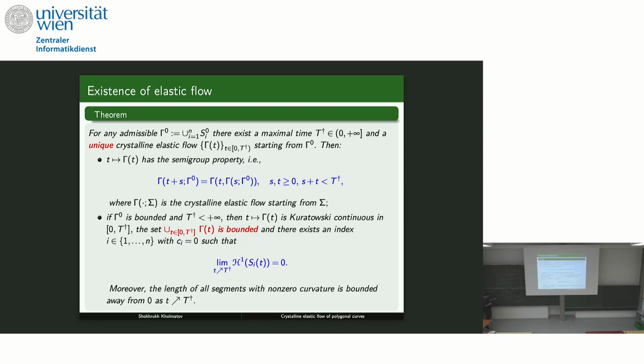So this means I can restart the flow starting from the singular polygon. And even if it is singular for the previous flow, it will be non-singular for the new flow. So I can apply the same existence result again and again, and at the end, I reach infinite times.